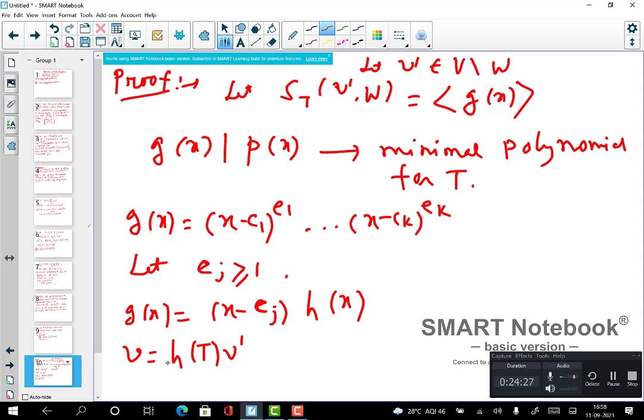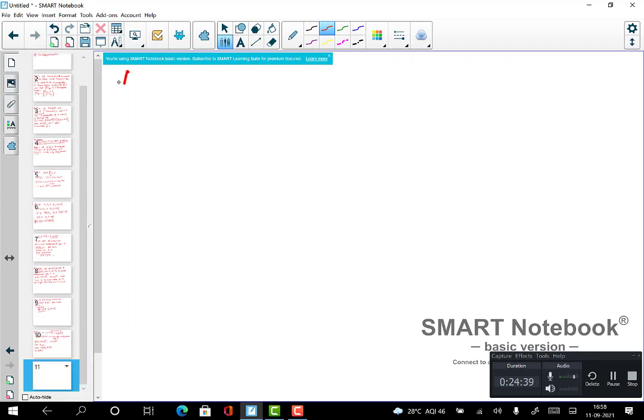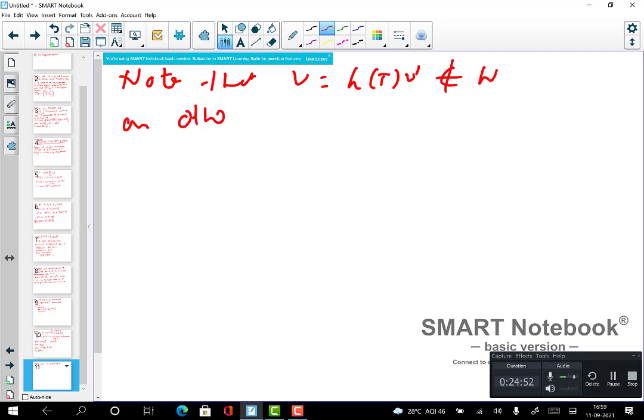Why? Because if it is inside W, so consider v equal to h(T) of v', and then note that this v, which is h(T) of v', is not inside W, as otherwise what happened?